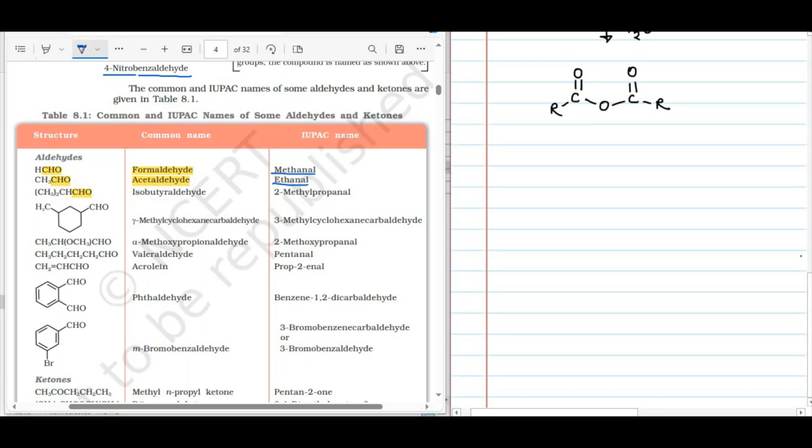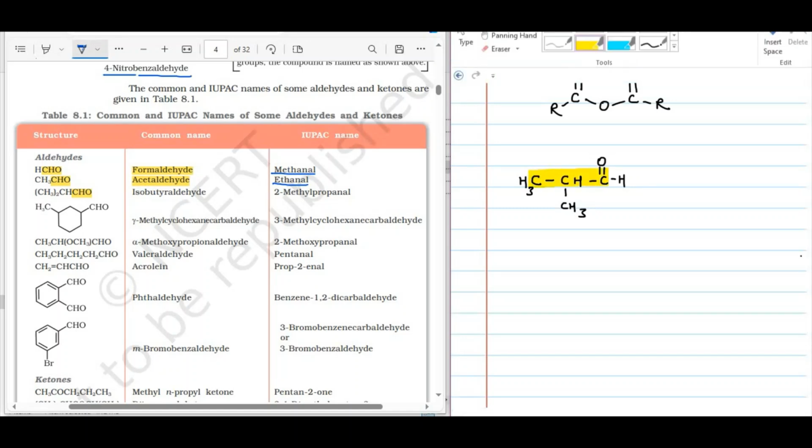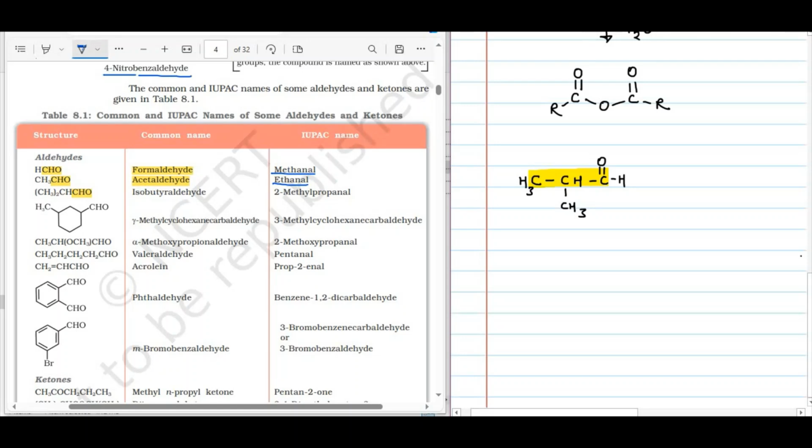So this is CH3, single bond C, again CH3, H, C double bond O, H. Now select the longest carbon chain including the aldehyde functional group. So this is the longest carbon chain which includes your functional group, aldehyde. Now number this chain, starting from the aldehydic carbon.